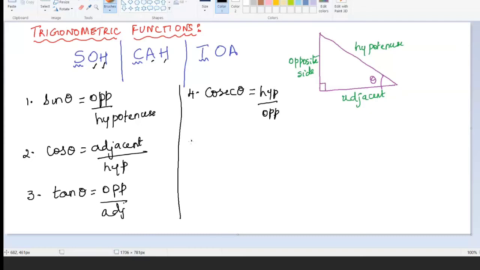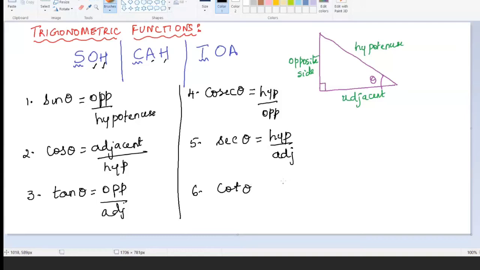Fifth one, cos theta. Who is the reciprocal of cos? It is secant theta. So if cos is adjacent by hypotenuse, secant will become hypotenuse by adjacent. And we have the sixth one, tan theta. For tan theta, the reciprocal and cofunction are the same, so we will never go wrong with tan theta. The reciprocal of tan theta is cot theta.